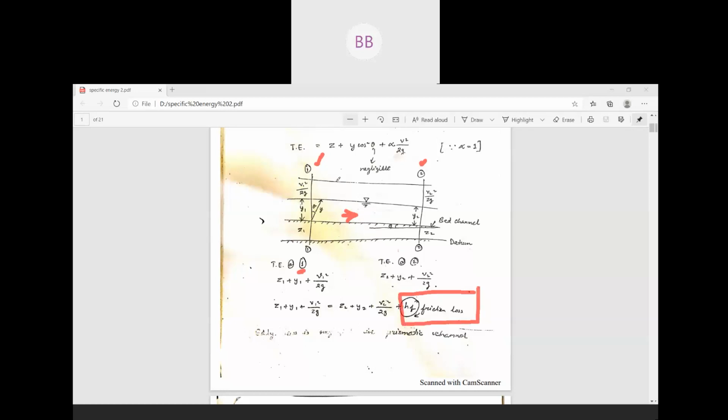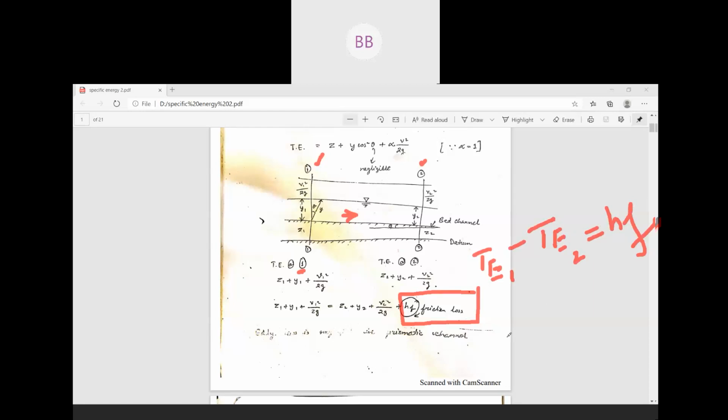Because of this friction we have a term called head loss due to friction. The total energy at section 1 is equal to the total energy at section 2 only when we neglect that frictional loss. Otherwise, if you take total energy at 1 minus total energy at section 2, the difference is the head loss due to friction.